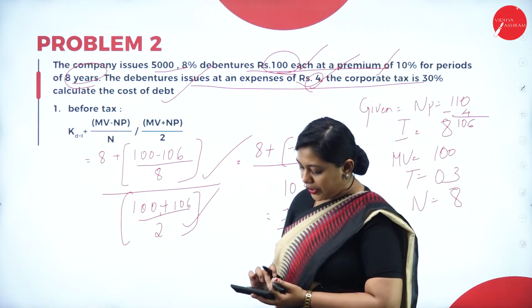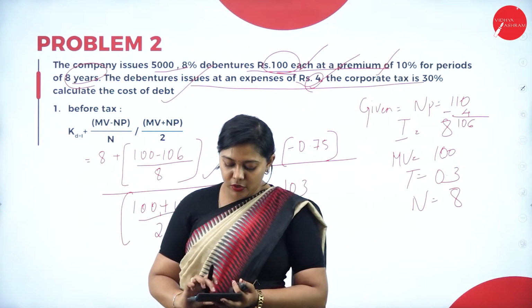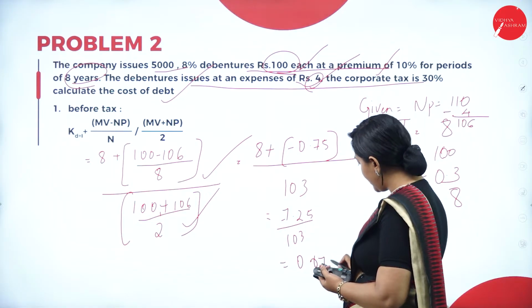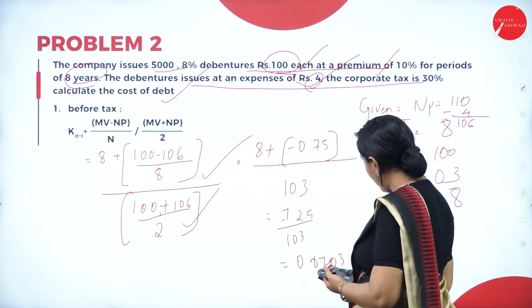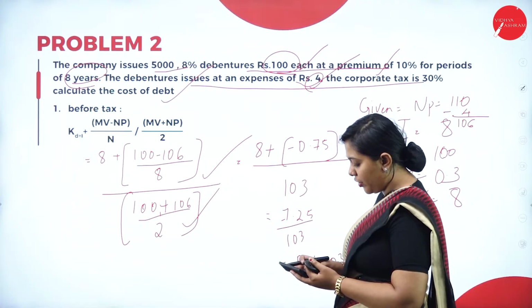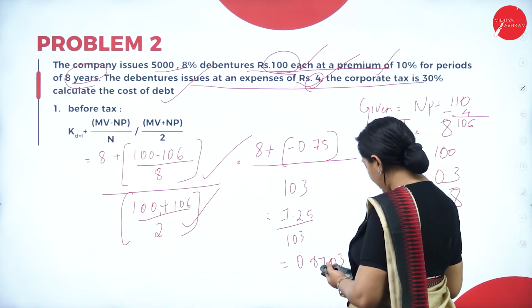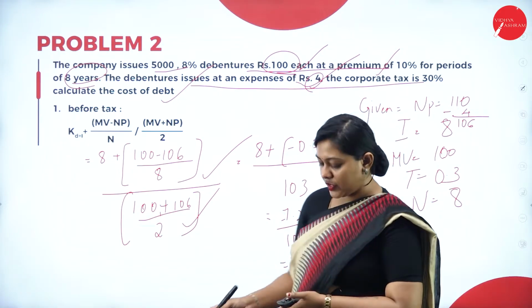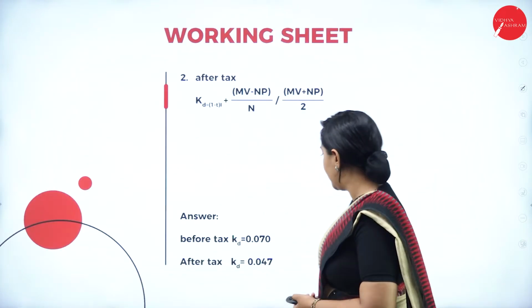So 7.25 divided by 103, it is 0.0703, or if we multiply by 100, it is 7.03%.